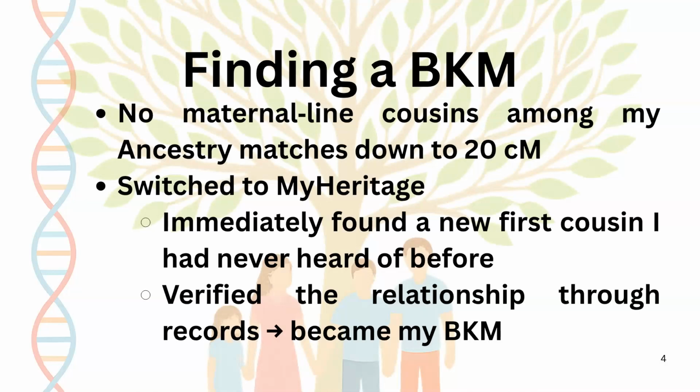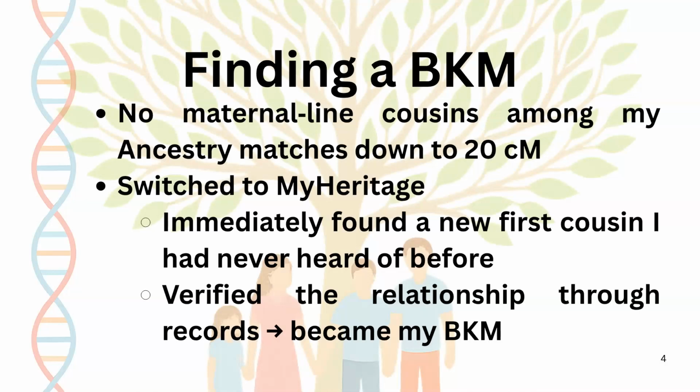For a best known match, the ideal solution is a cousin who you already know, who shares DNA with you and descends from the same ancestral line you're researching. In my case, I don't know any cousins on my matrilineal line. Thus, I had to find someone I could verify.